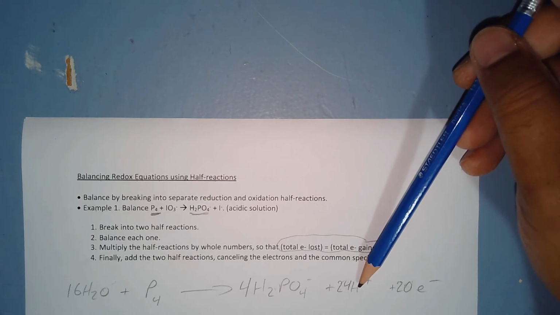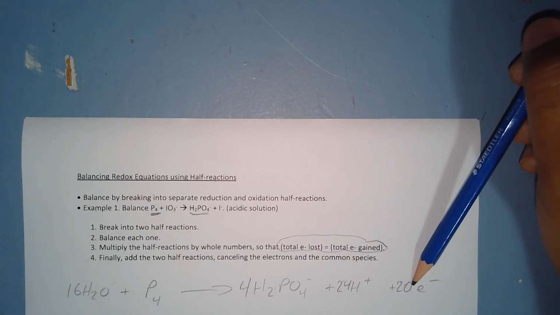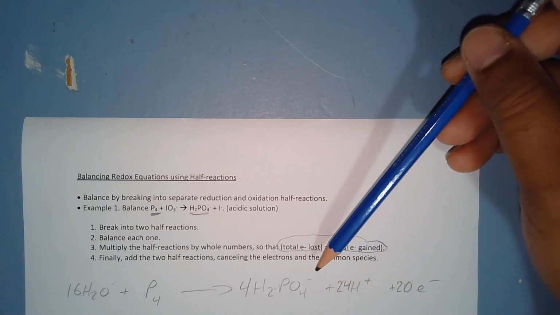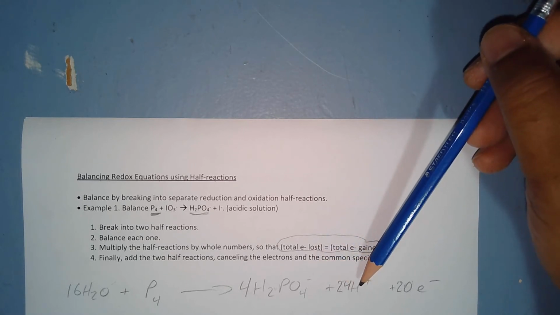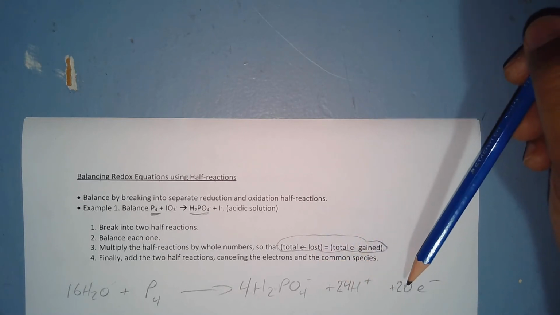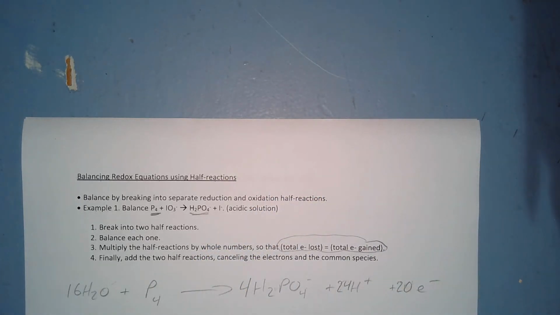Then we balance the charge by adding 20 electrons: we have negative 4 here and positive 24, so that's positive 20, plus negative 20 is 0, so 0 on this side and 0 on that side.